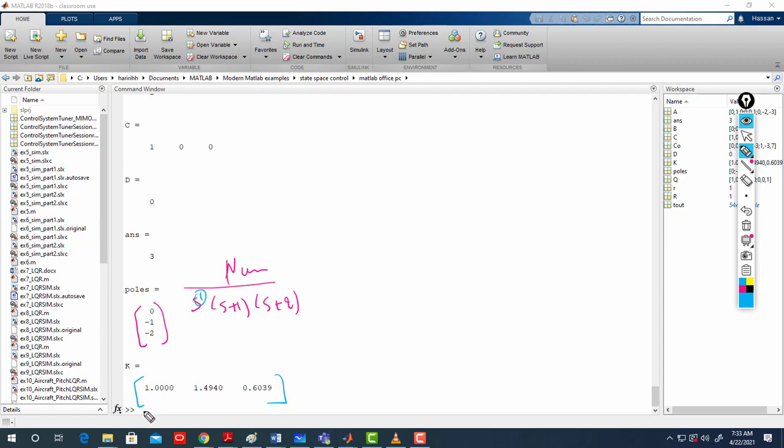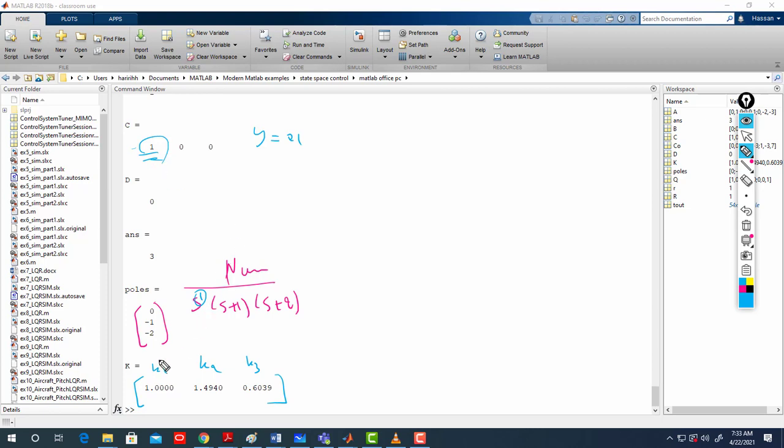This is my K, which is K1, K2, K3. What we learned in a type 1 system is that I feed back all the states except whatever I want to control. Here I'm controlling y equals x1, right? y equals Cx plus Du, D equals 0, so y equals x1.